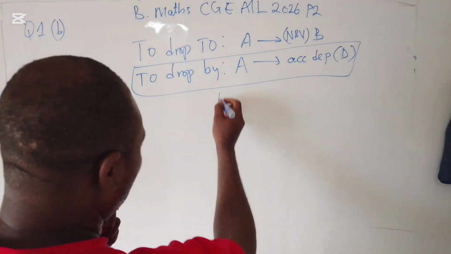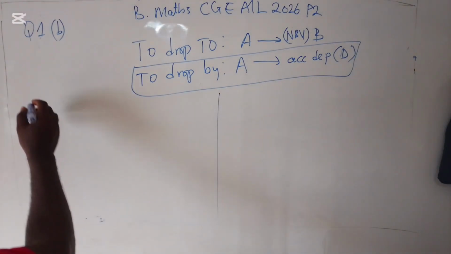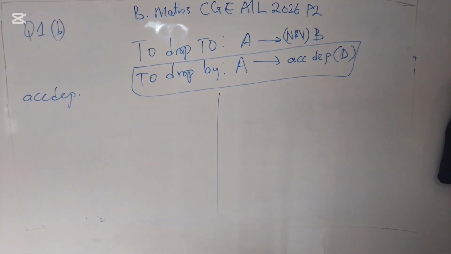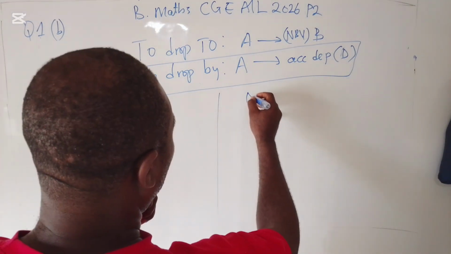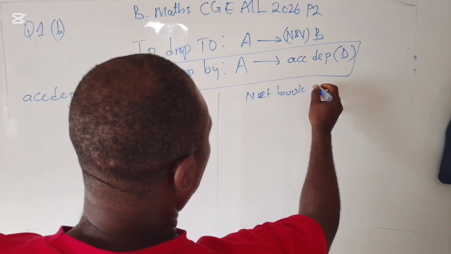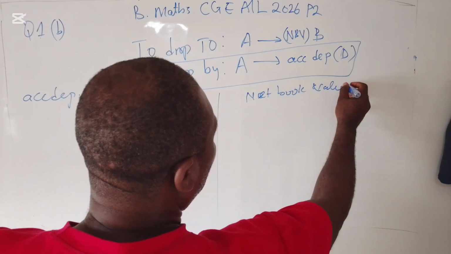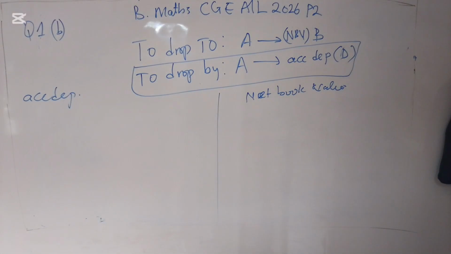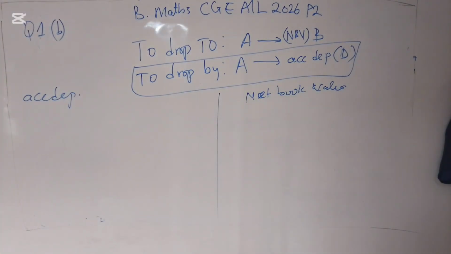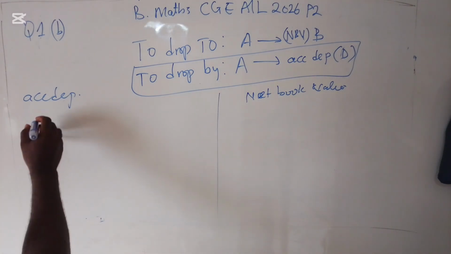I'll divide the board. This side will be for accumulated depreciation, and this side will be for net book value. Now they are told that the accumulated depreciation is three quarters of the original value. What is given?